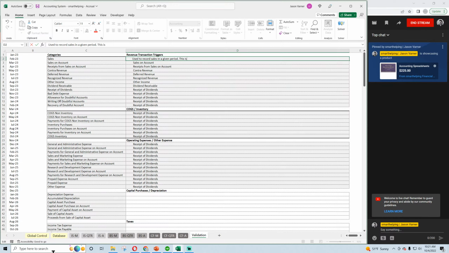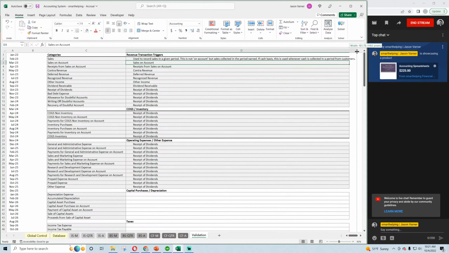This is not on account, but sales collected in the period earned, if cash basis. This is used whenever cash is collected in a period from customers.